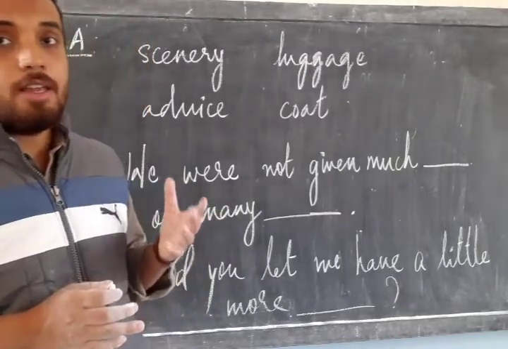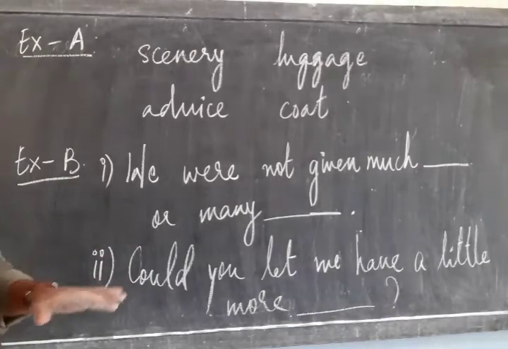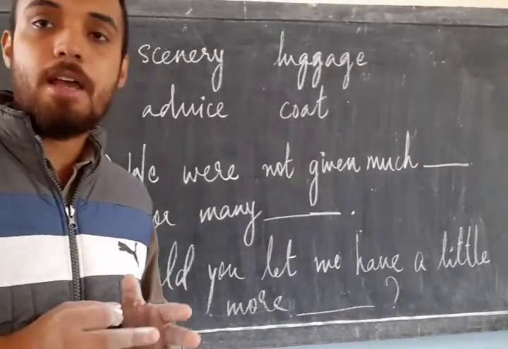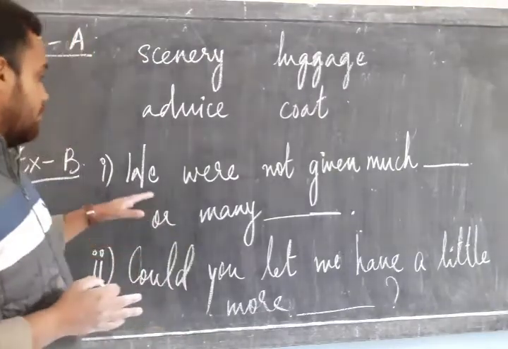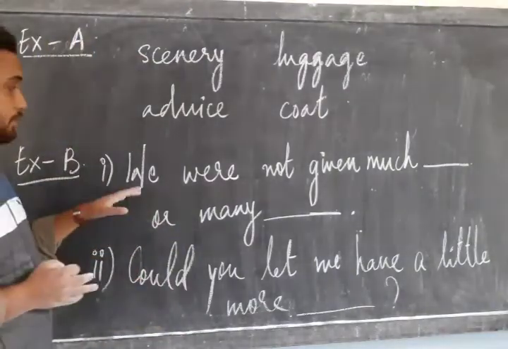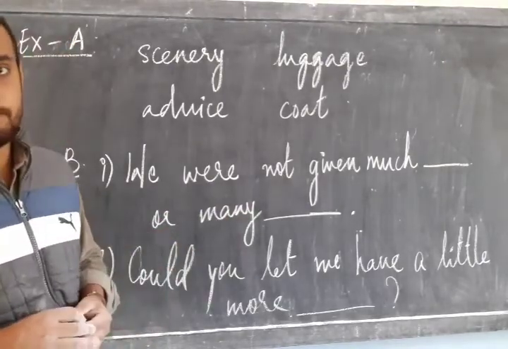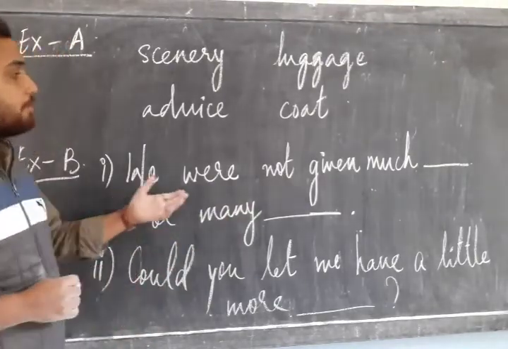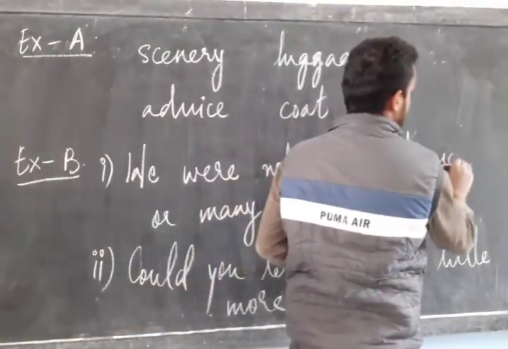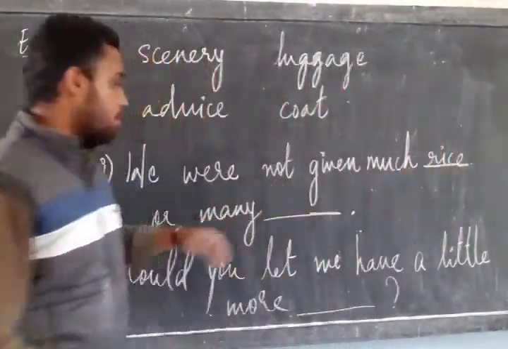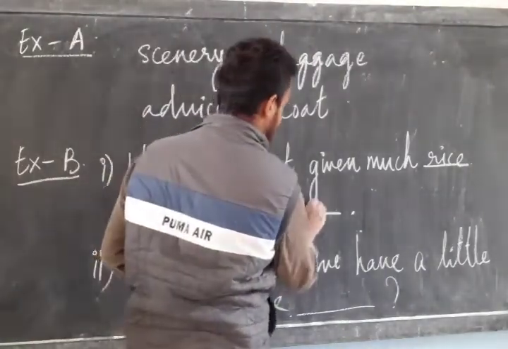In exercise B, you have been asked to complete the sentences by adding countable and uncountable nouns. Here I have written 2 examples. We were not given much rice or many eggs.